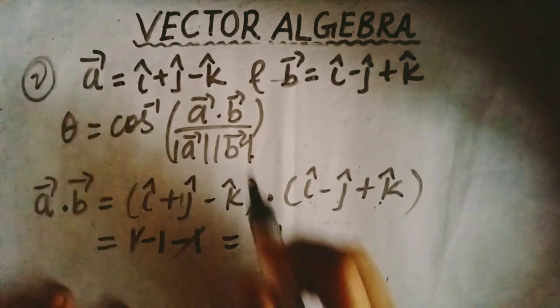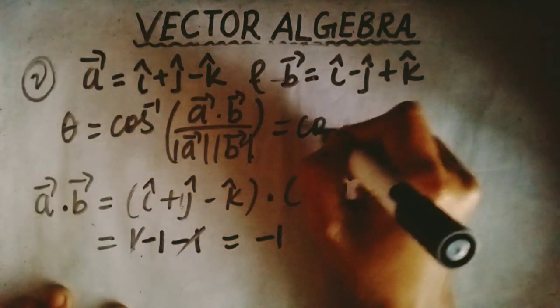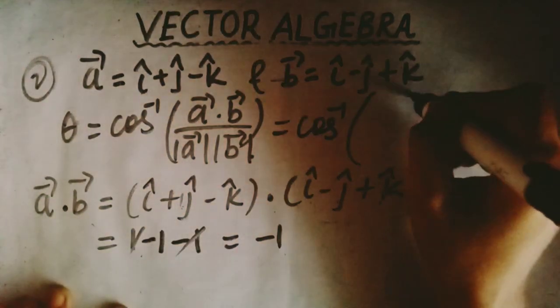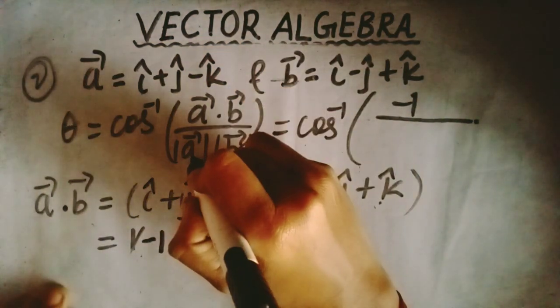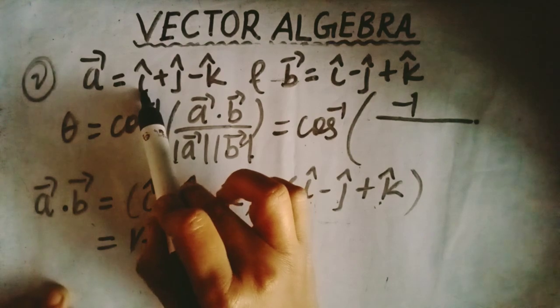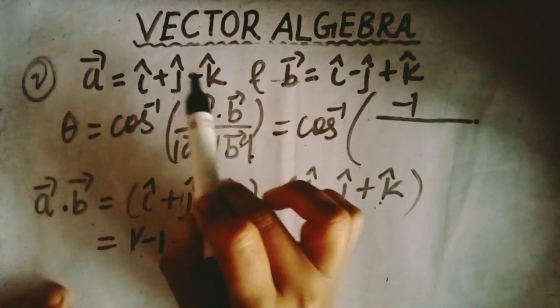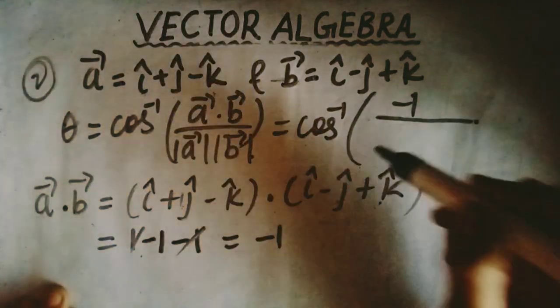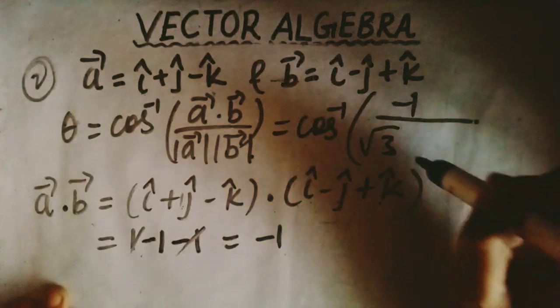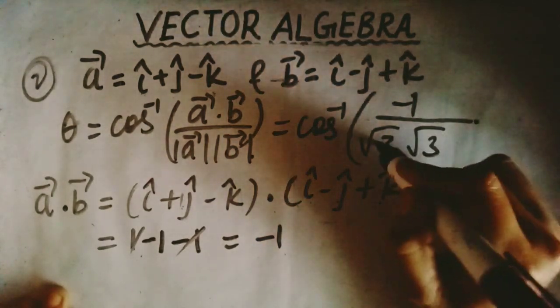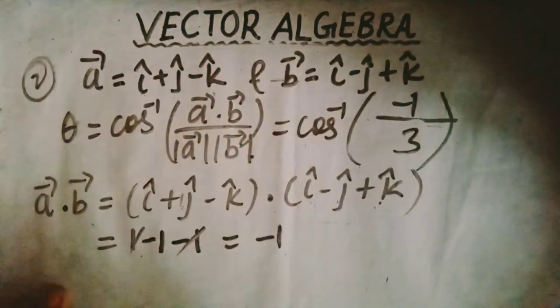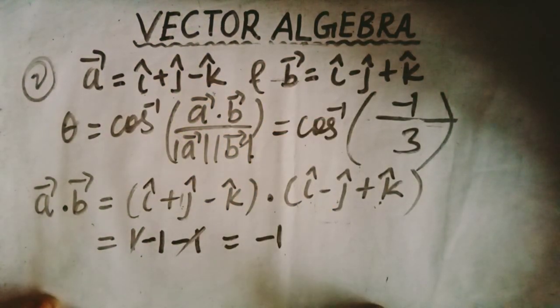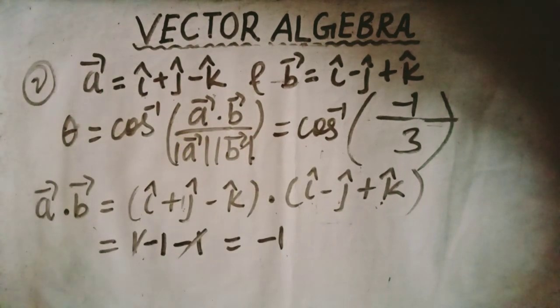So yes, A dot B is minus 1. Cos inverse of minus 1 upon magnitude of A, so 1 square plus 1 square plus 1 square, so it is root 3. Same for magnitude of B. Root 3 into root 3, it will be 3. So cos inverse of minus 1 upon 3. Okay, this is your theta.